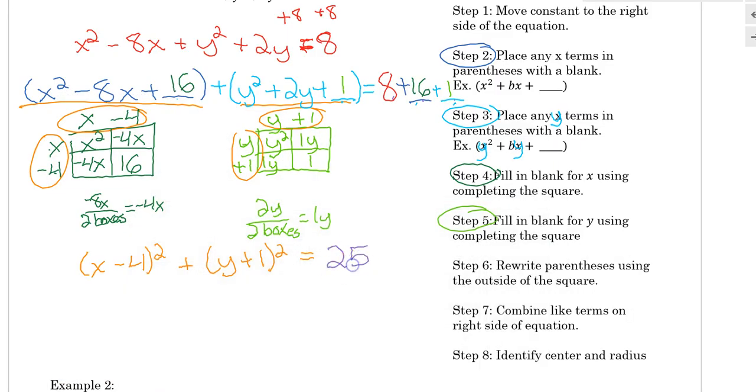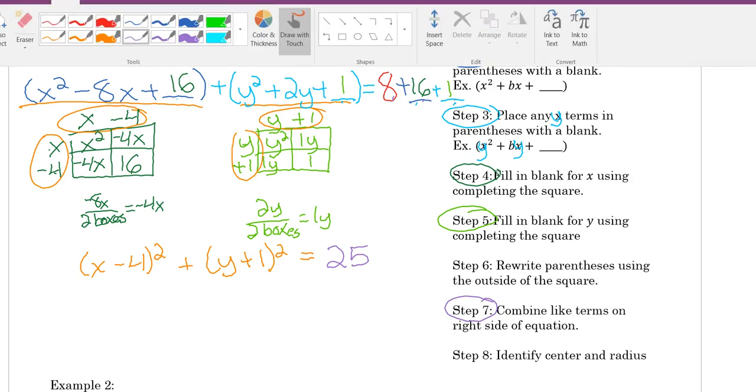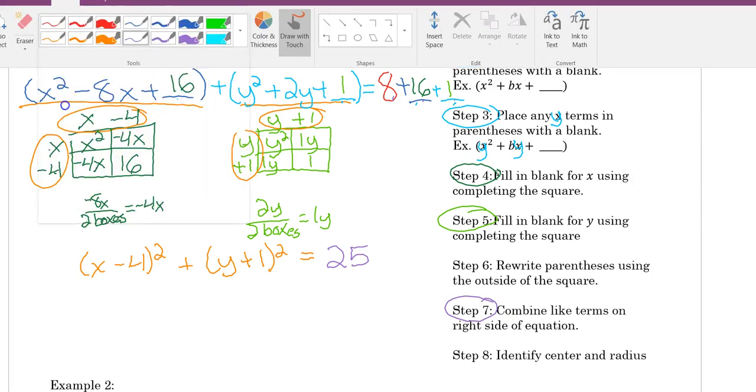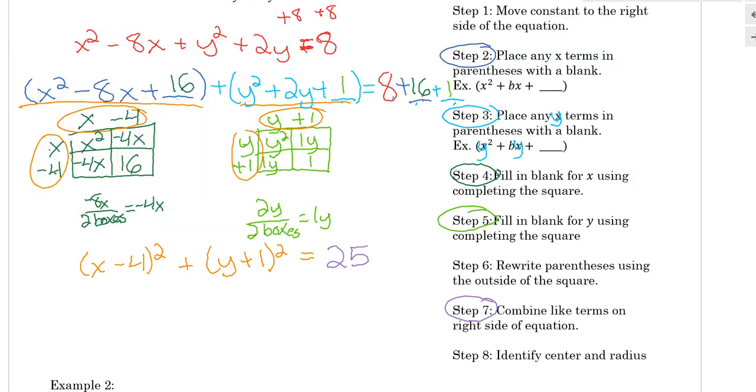All right, now after that was step 7. I'm now just identifying my center and my radius. Again, this is an equation that we should be familiar with. My center is what's with x and what's with y, but change the sign.